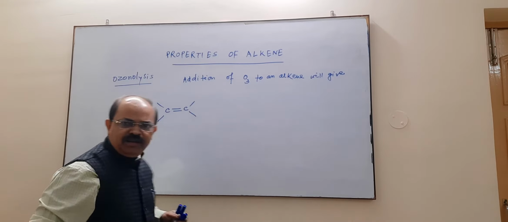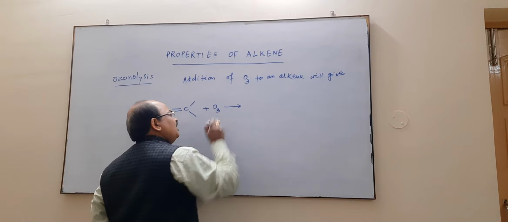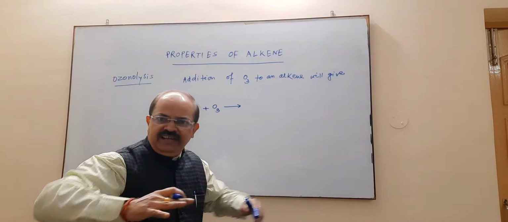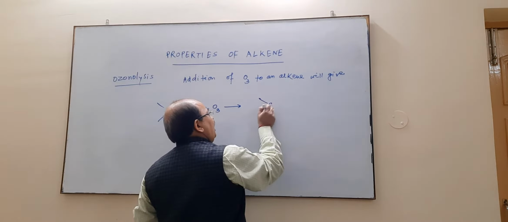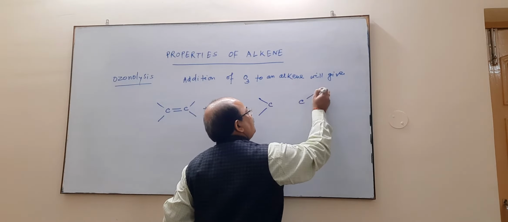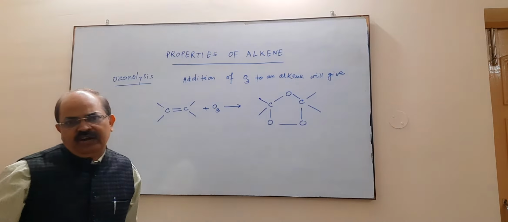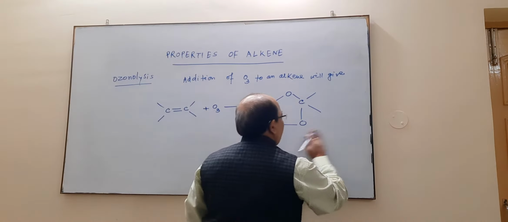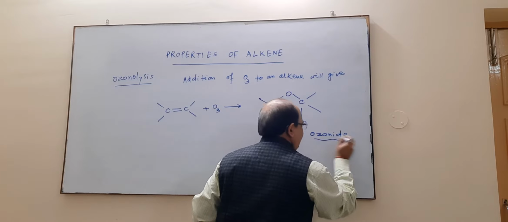If we add ozone, then this will give ozonide. Now what is ozonide? Say this is your alkene, and this ozone will add in this way. Now this addition product is called your ozonide.